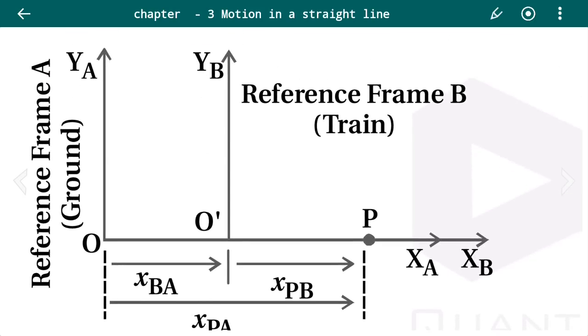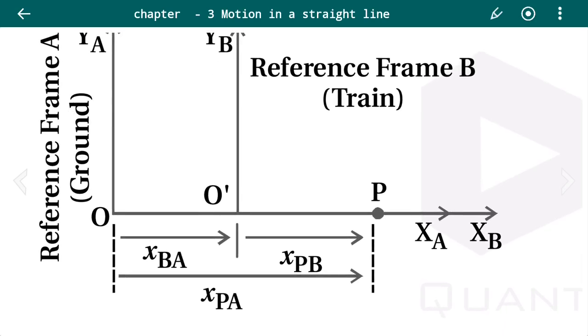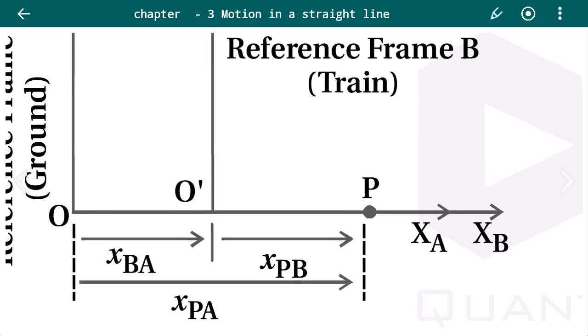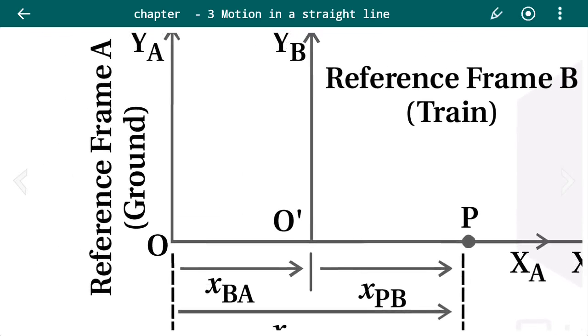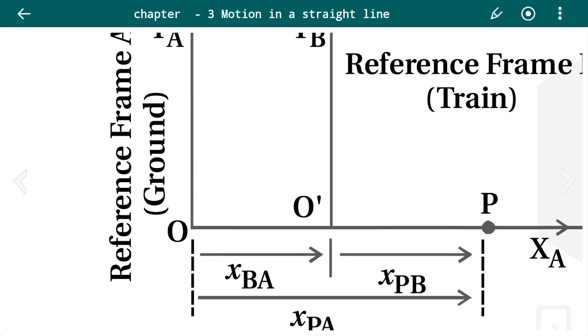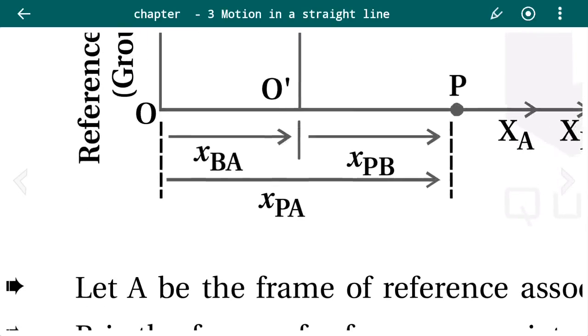And you can see this XPB, right? So the object is at point P. XPB shows the position of the object P with respect to B, that is XPB equals O dash P, right? Now the position of B with respect to A is XBA, which equals OO dash.